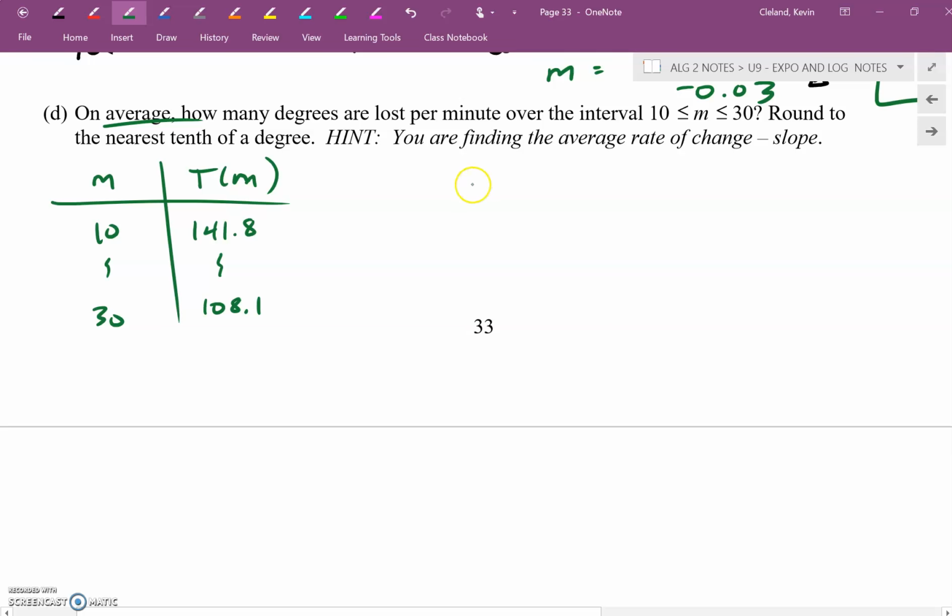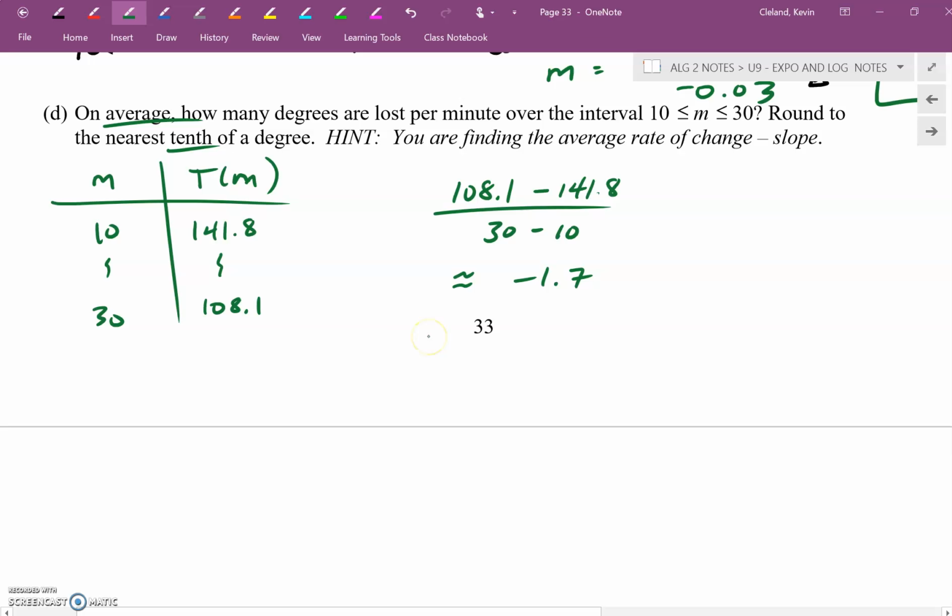Then for average rate of change, we just subtract those. You can do it like this, or the way I did it on Desmos, which is more precise because it takes the exact values. Either way, we get roughly negative 1.7 when rounding to the nearest tenth.